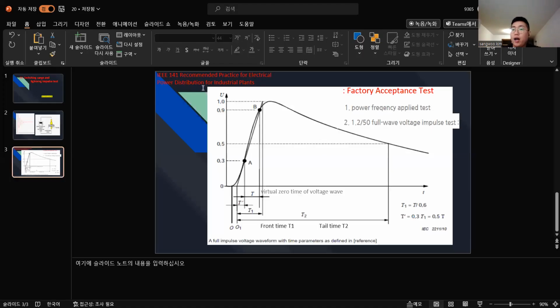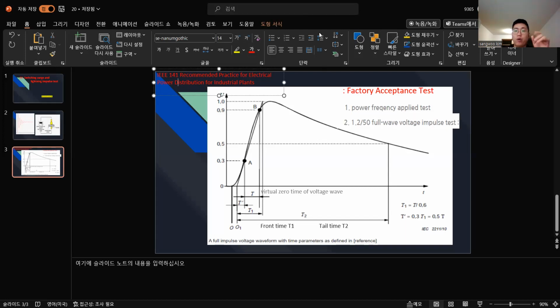So when you make an electrical device, we need to do the factory acceptance test. There are two parts we check, I'll explain, don't worry. This is the source from the IEEE: IEEE recommended practice for electrical power distribution for industrial plants.